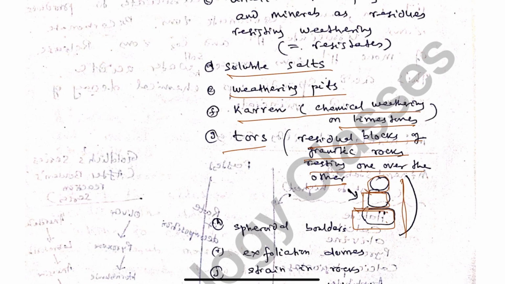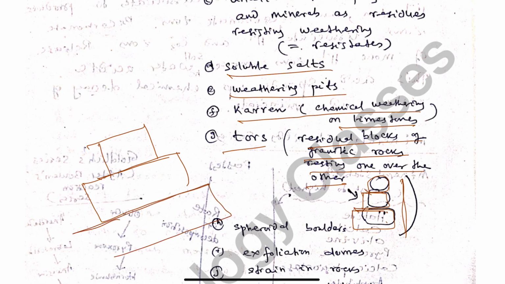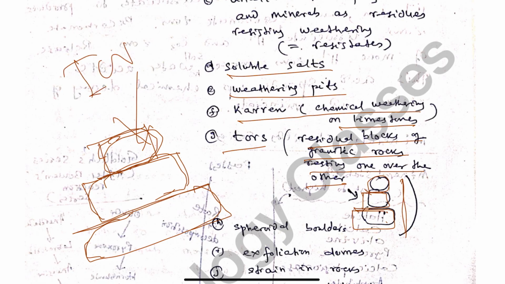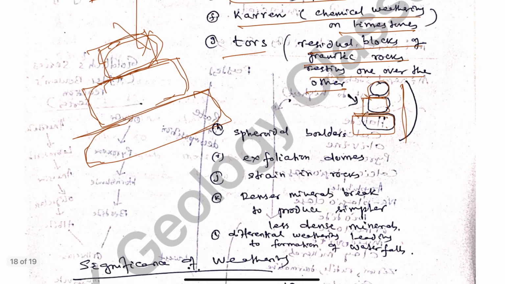These are actually jointed rocks. They have been affected by chemical weathering like this. So, this is called a tor, generally presented by the granitic country.